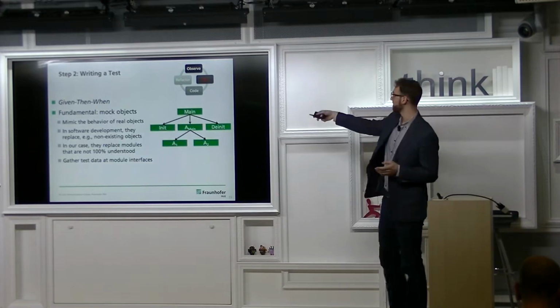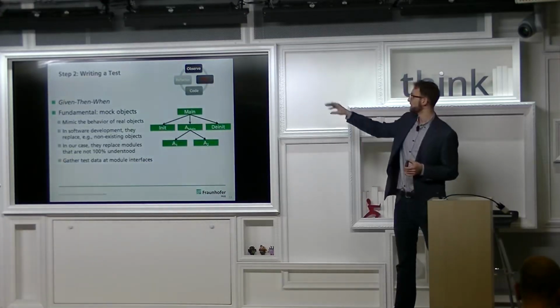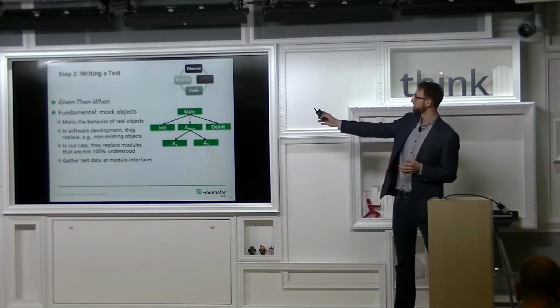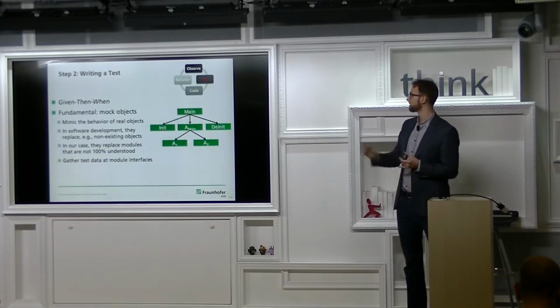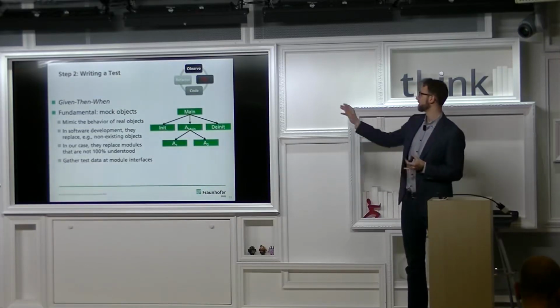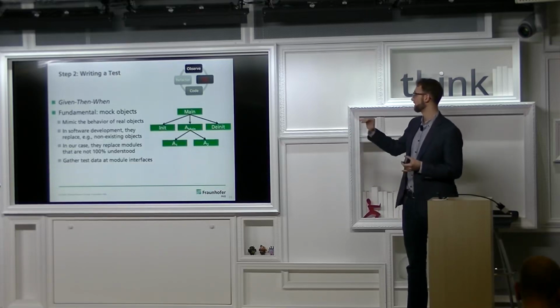Then in the third step, here's an example of how we would do it. That's the behavior which has a main. That's the main behavior, and it consists of 3 submodules: initialization, another submodule called a main, and a deinitialization. And this a main also has 2 submodules, a1 and a2.